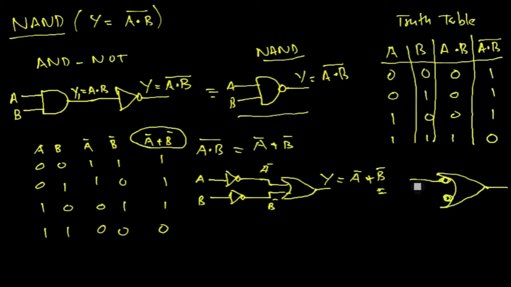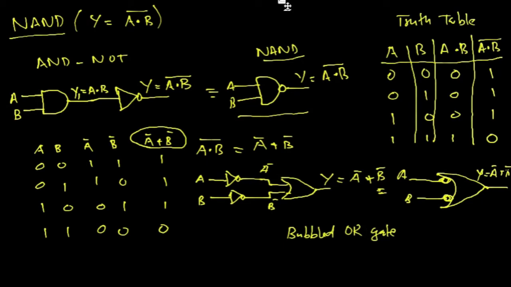So this is called a bubbled OR gate. Here it is A, here it is B, and here the output is A complement or B complement. So it is called a bubbled OR gate.